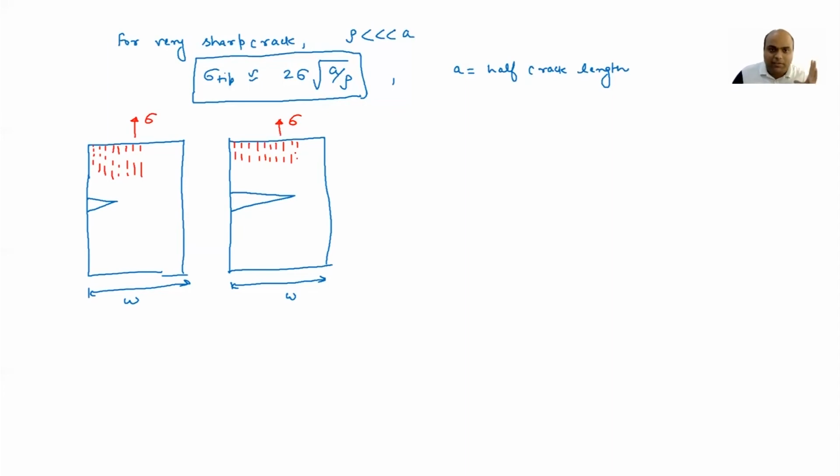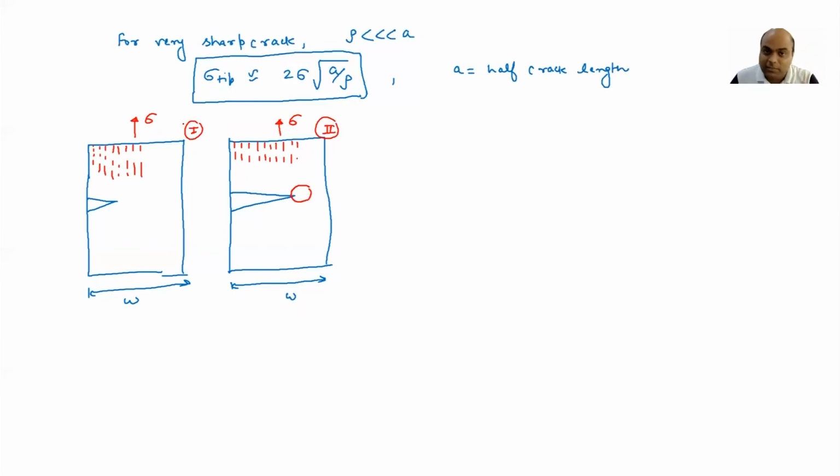So if you just visualize it, the number of lines of force that are going to deflect is going to be much higher in case number 2 than case number 1, right? That means the stress concentration in the larger crack is going to be higher. This is the visualization we are doing, right?